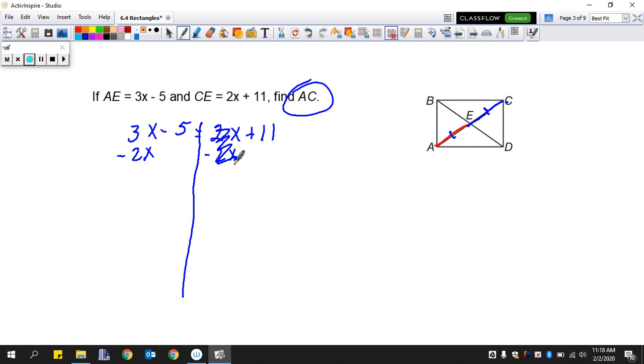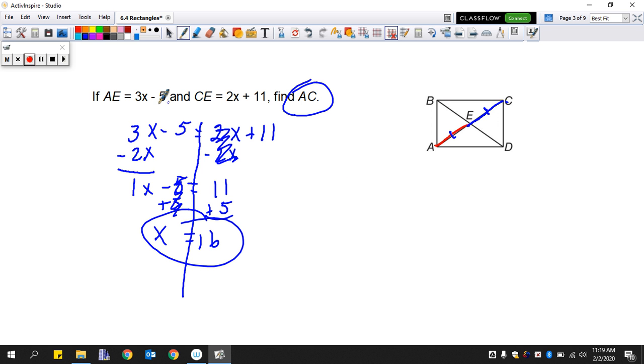The 2x's cancel out. We end up with 1x minus 5 is equal to 11. So we add 5 to both sides, and x is equal to 16.